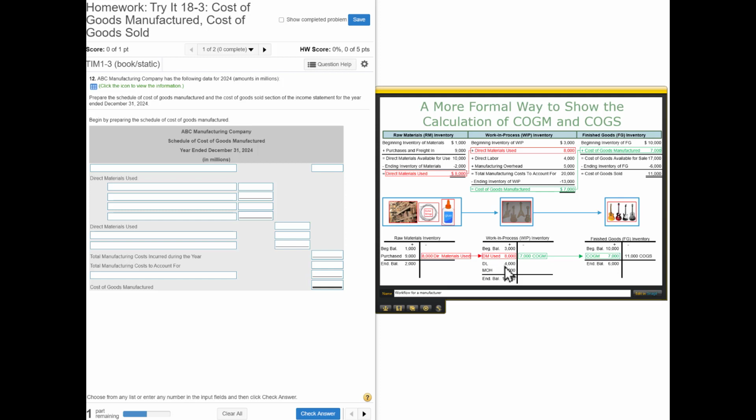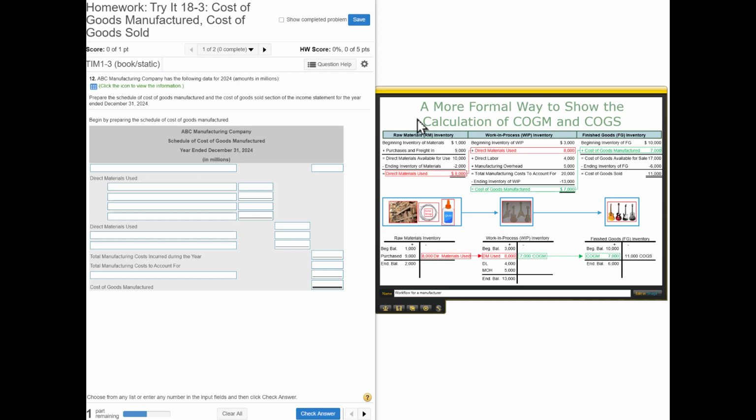When a guitar, or a batch of guitars, is done, we lower this account because they are no longer in process, they are finished, and it will increase the finished goods inventory account. The finished goods inventory account is just our finished guitars that have not yet been sold. And by the way, the cost of a finished guitar is called cost of goods manufactured.